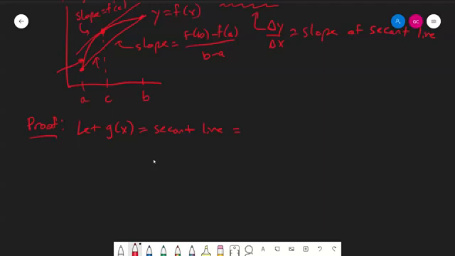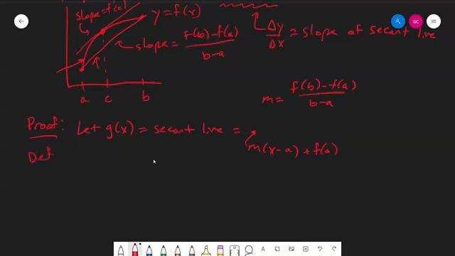Well, then that should be something like the slope times x minus the x-coordinate plus the y-coordinate. So that looks like this. It's going to look a little bit messy because the slope is a little bit messy. Maybe let me just leave it like that for right now. We're going to come back and say m is f of b minus f of a over b minus a. But let's leave it as m as long as we can.